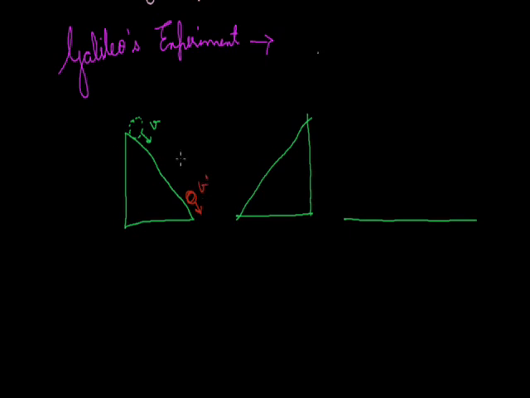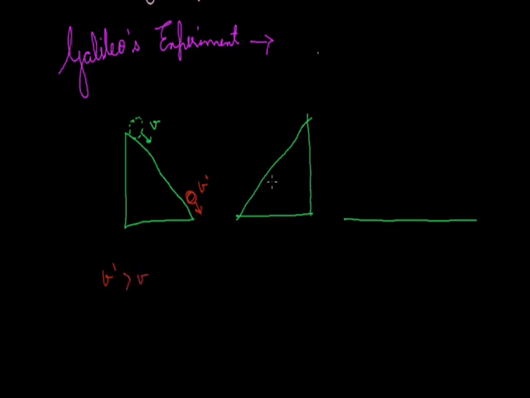When the ball was rolled down from the top of the inclined plane to the bottom, he concluded that its speed is increasing. So when the speed is increasing, it implies that v dash is greater than v.